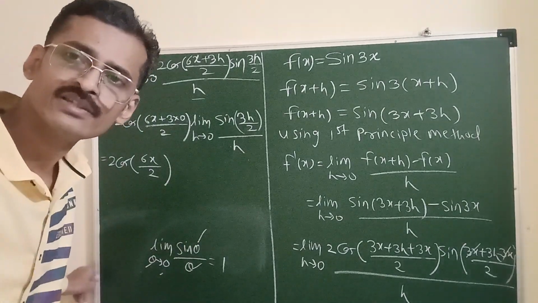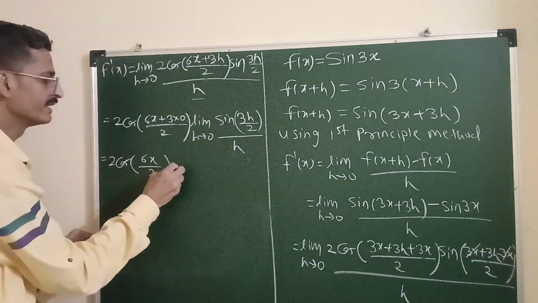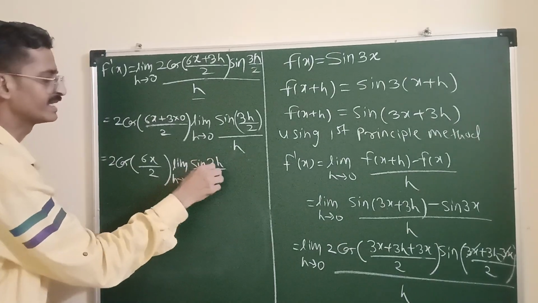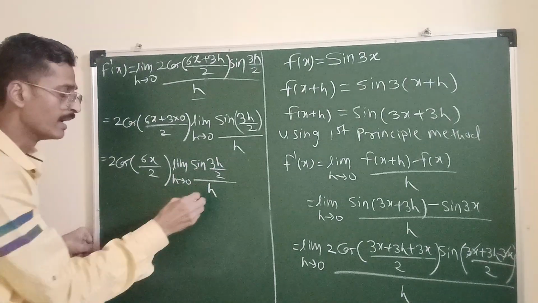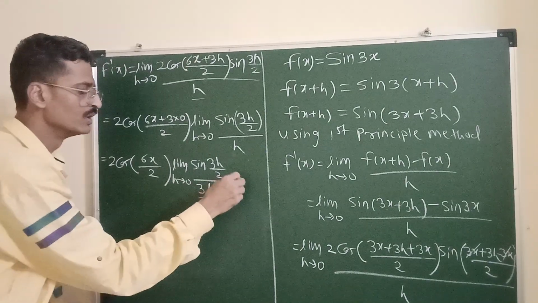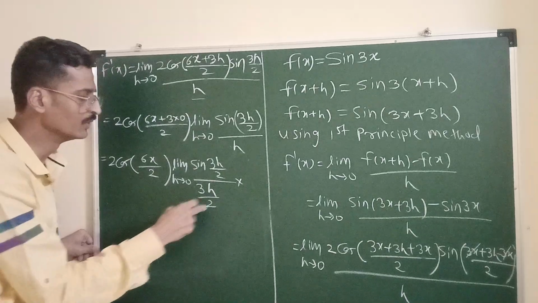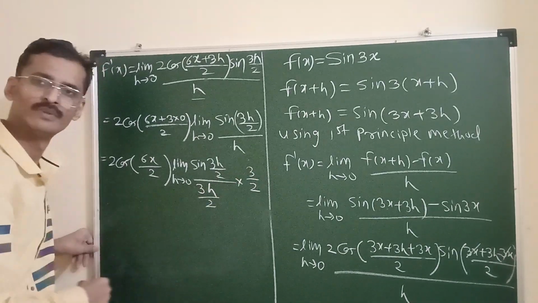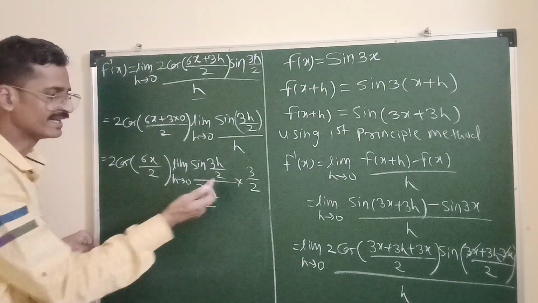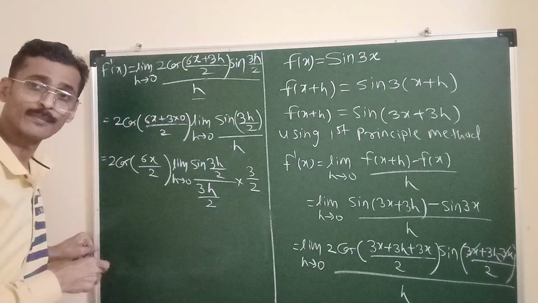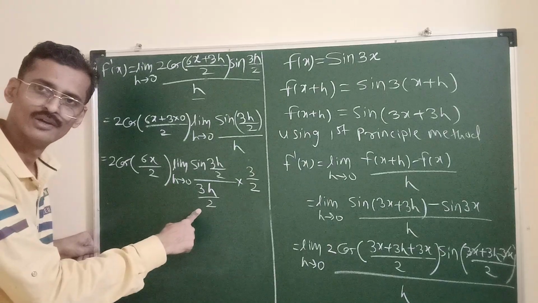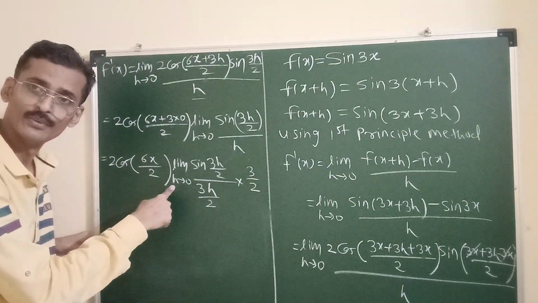So first write limit h tends to 0 of sine of 3h by 2 upon h. Here multiply and divide by 3 by 2. So here write 3 by 2. Check, this extra part we can cancel, right? So the answer is the same, as we are multiplying and dividing by 3 by 2. So now this becomes sine theta upon theta. We want theta tends to 0.